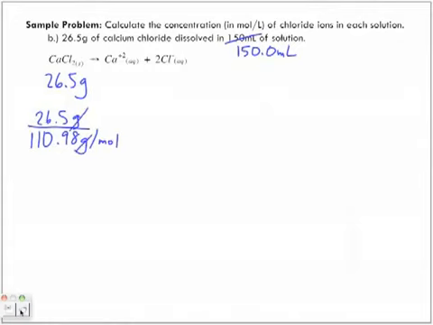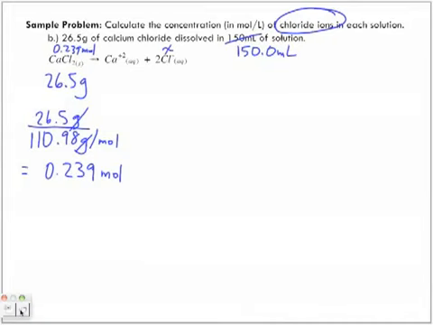So grams cancel out, and I'm left with 0.239 moles of calcium chloride. According to our stoichiometry problems, we're trying to find the concentration of the chloride ions.